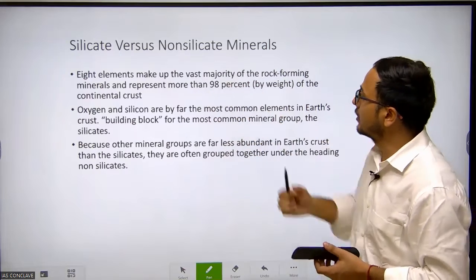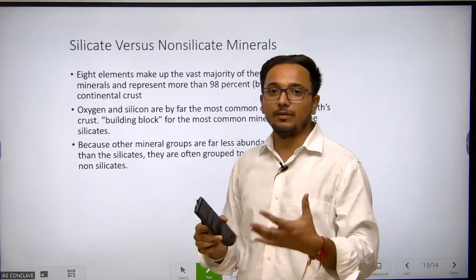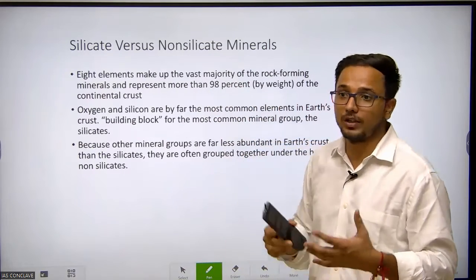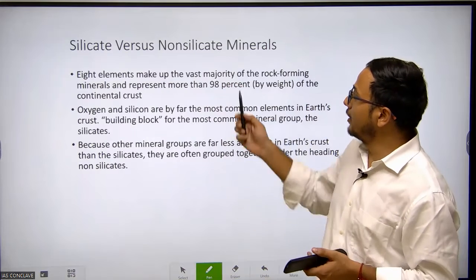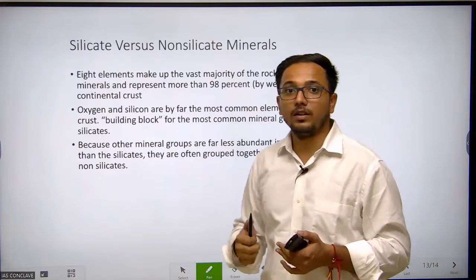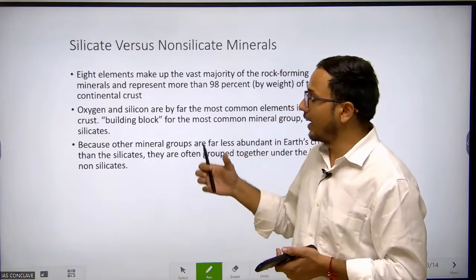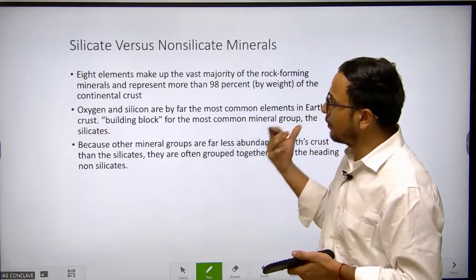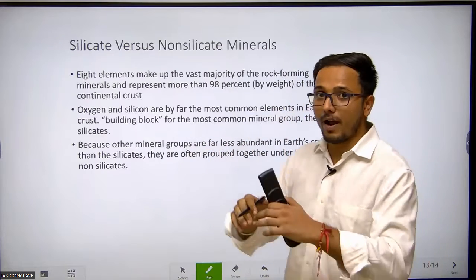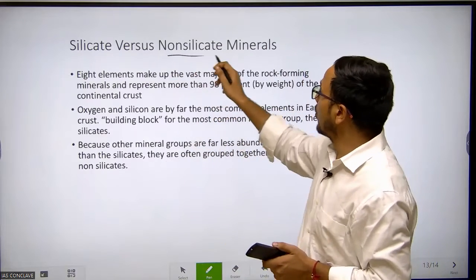So, silicate versus non-silicate minerals. Silicate minerals constitute the major proportion of the Earth's continental crust, while the non-silicate minerals like carbonates, iron compounds, and halides have a minor proportion, and that's why we combine them together into the non-silicate minerals.